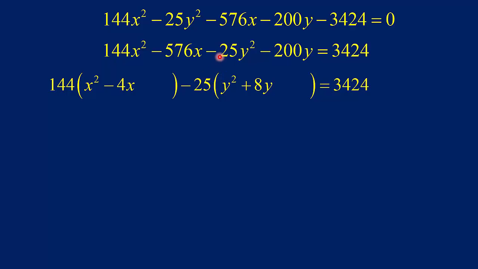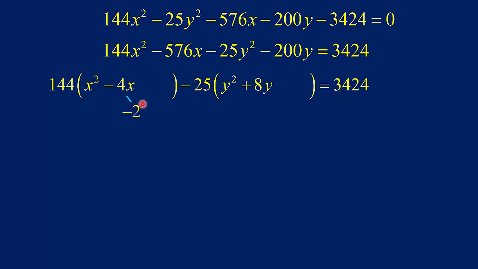Now you have to really watch your bad self, because when you factor out this negative 25, that's going to mess with the signs in here. So notice I factored out the negative 25, and that leaves a positive 8y. See? Because when I say negative 25 times a positive 8y, I get negative 200. So you have to be careful with your signs.